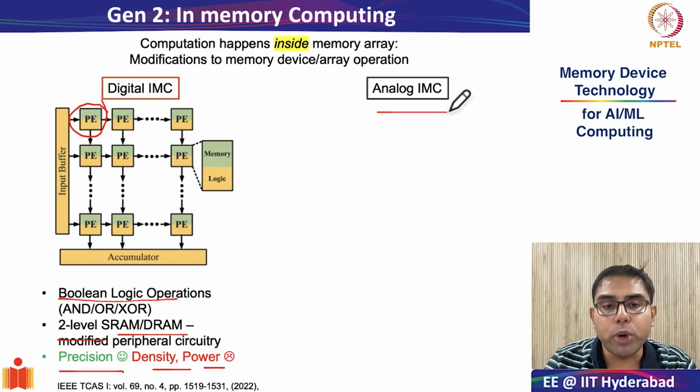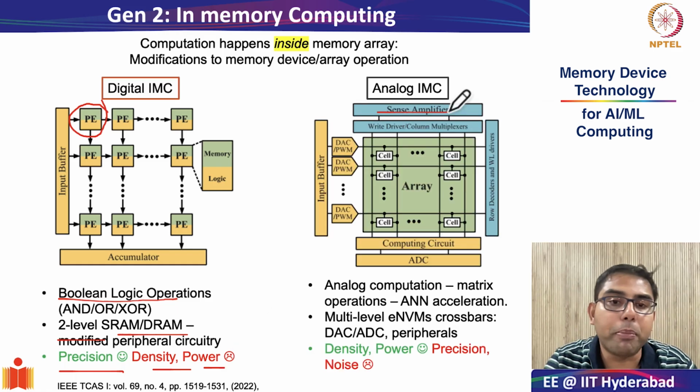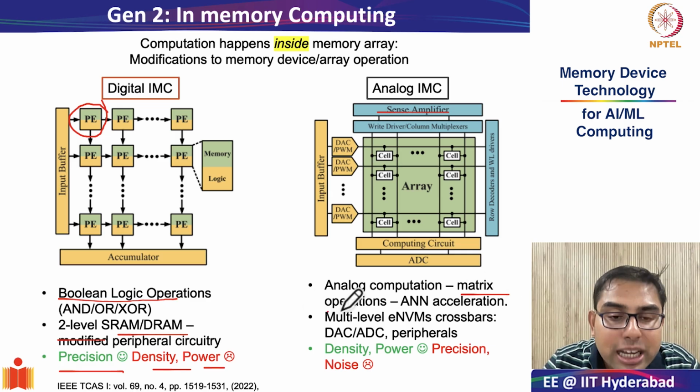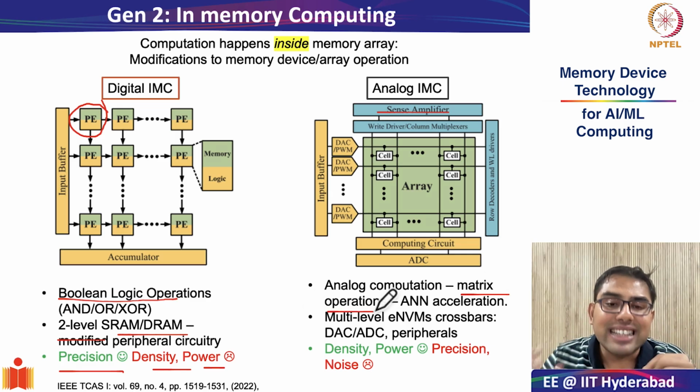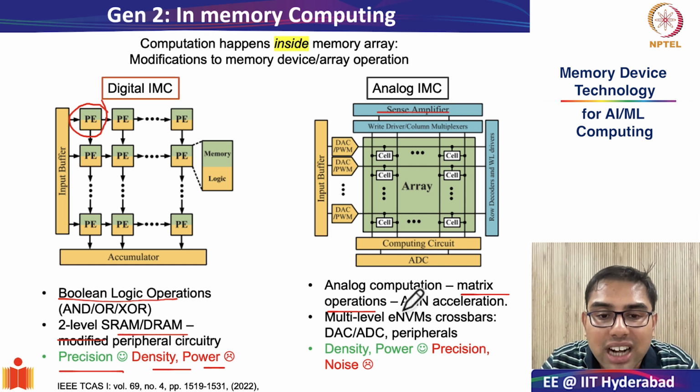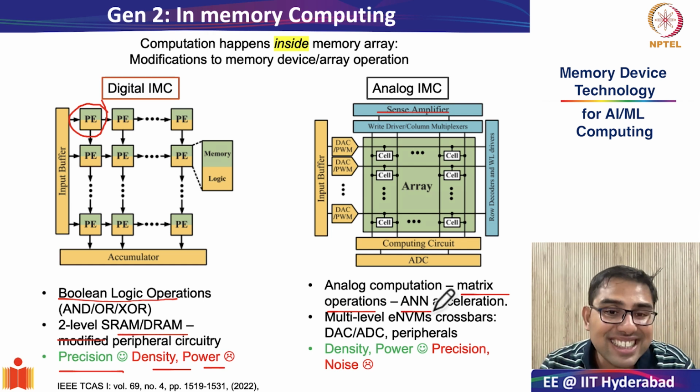analog in-memory computing. So what is analog in-memory computing? In analog in-memory computing, you do analog computation, especially matrix vector multiplication operations, and this can aid in direct acceleration of your artificial neural networks. Why is this the case?